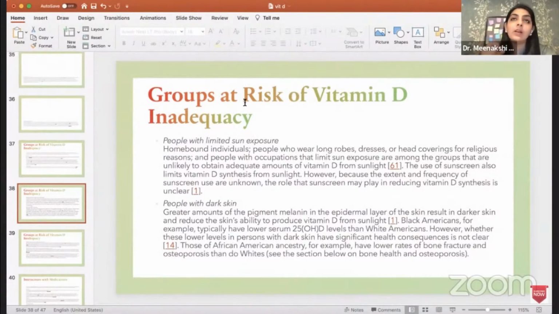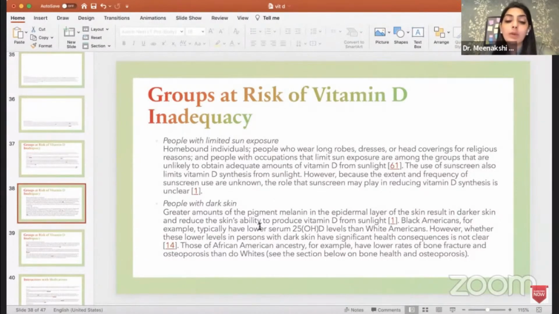So when we take sunlight, as I told you, the skin has an important role too, and this is why, as I told you yesterday, almost 90% of Indians are vitamin D deficient. African Americans staying in America have much lower serum vitamin D levels compared to white Americans staying in America.